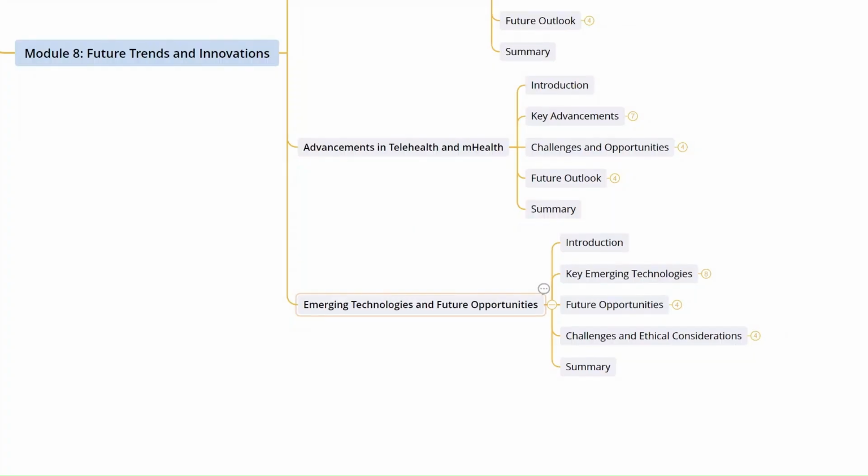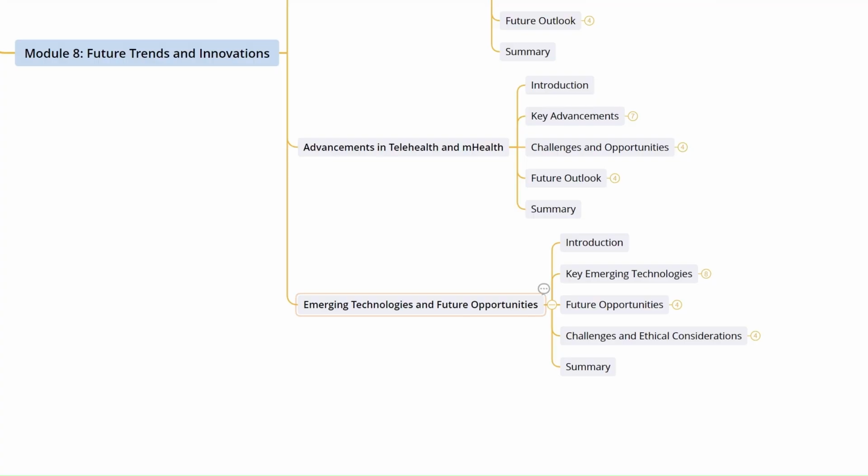The horizon of health informatics is also being shaped by emerging technologies and future opportunities. Innovations such as blockchain for secure data sharing, augmented reality, also referred to as AR, and virtual reality, also referred to as VR, for medical training and patient education, and Internet of Things, also referred to as IoT devices, for comprehensive health monitoring, are opening new frontiers.